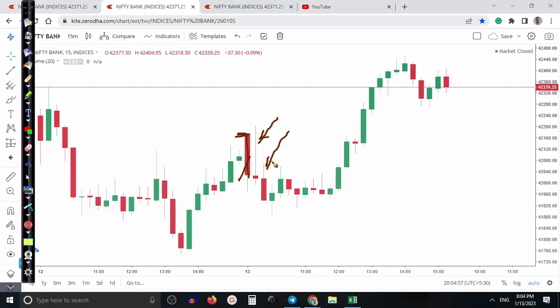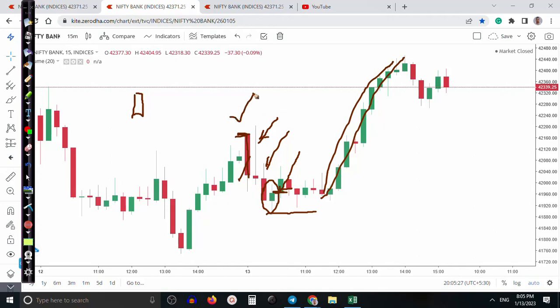What I told, we are looking for buy after forming a bullish candle. So where is the next bullish candle? This one. Once it forms a bullish candle, on the next candle we enter buy and place the stop loss below this candle. After that, you can see price went all the way from this level to this level. So we caught the market today.